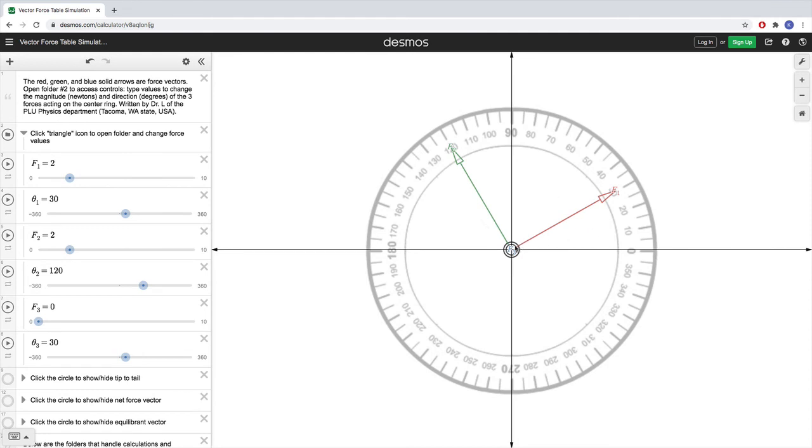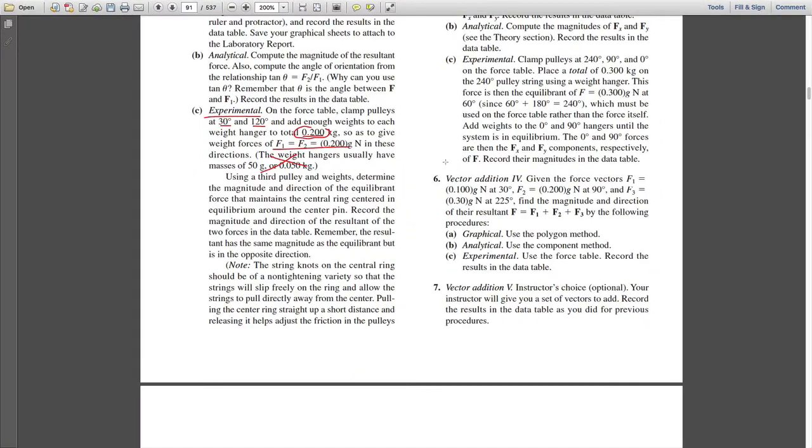Of course, you're going to attach a mass that pulls this little ring in this direction and the little ring in this direction at 120 degrees. Those are the two vectors. And then here it says, using the third pulley and weight, determine the magnitude and direction of the equilibrant.